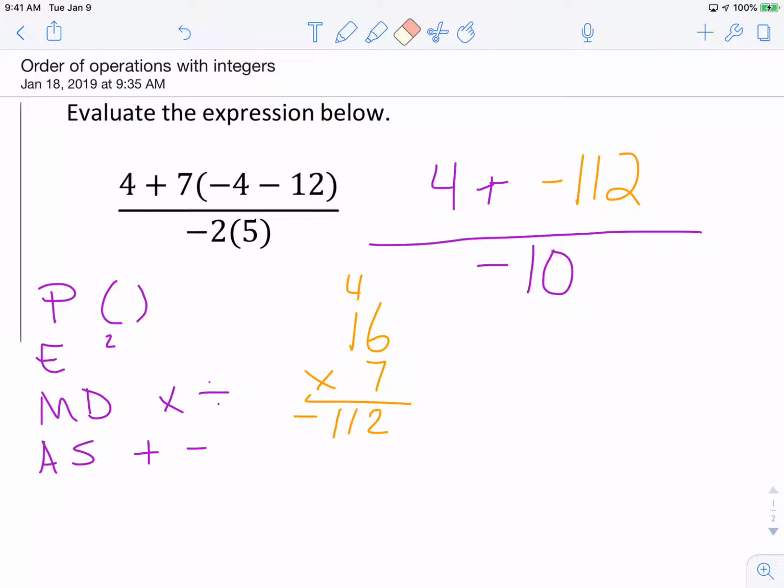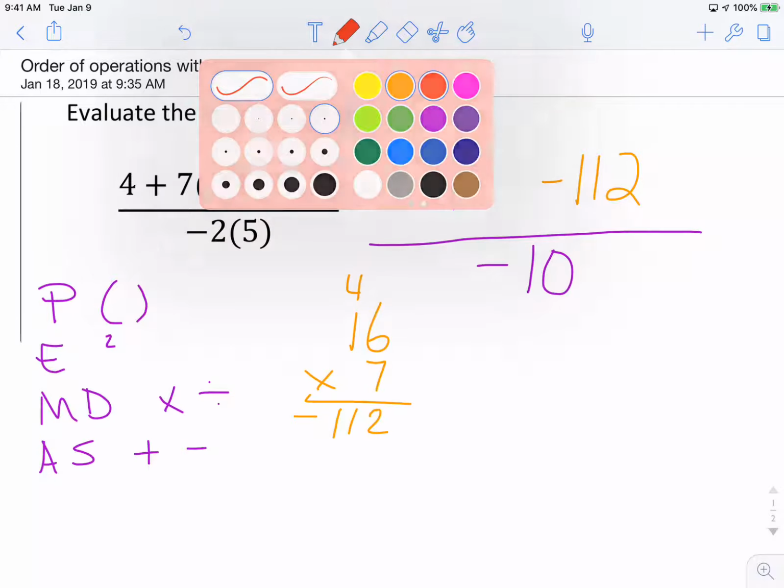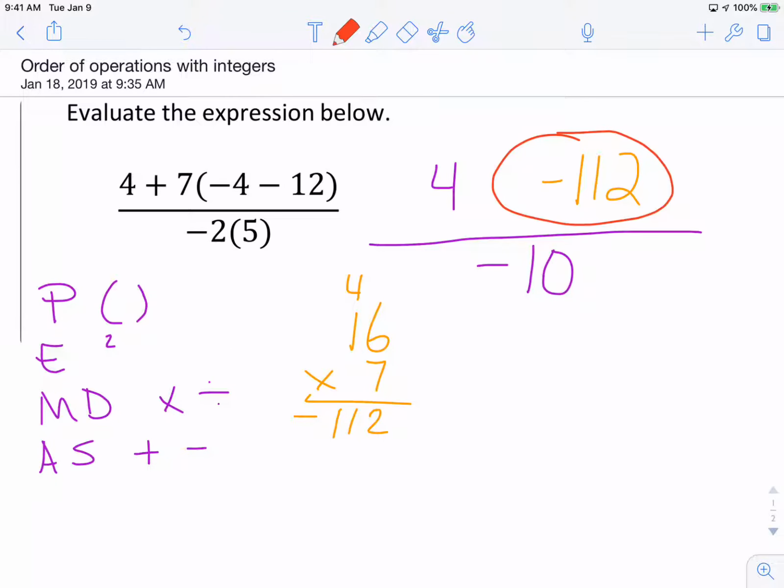Now, well, I can leave that there, but I'm not going to. It gets too confusing. So we have 4 plus a negative 112, or 4 minus 112. It's the same thing. In this case, you look at your biggest number, which is 112.